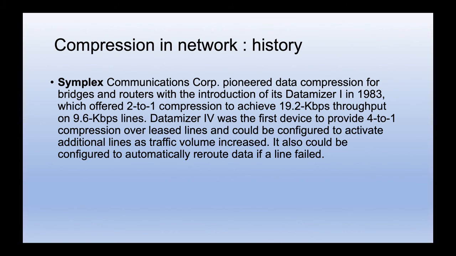Data Miser 4, also called the Type 4, was the first device to provide 4-to-1 compression over leased lines and could be configured to activate additional lines as traffic volume increased.